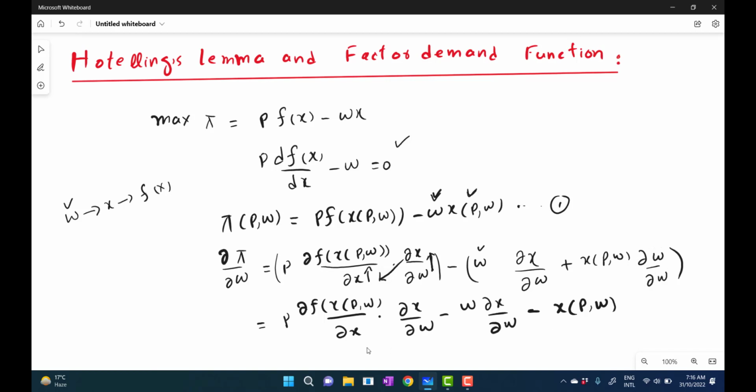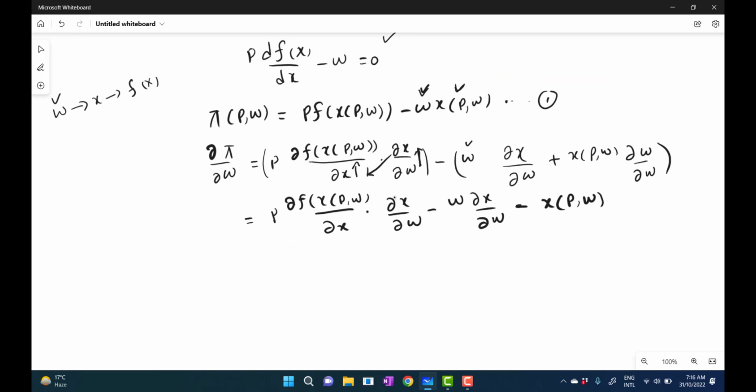So if we take something common from these two components, the change in x due to the change in W, we get this.